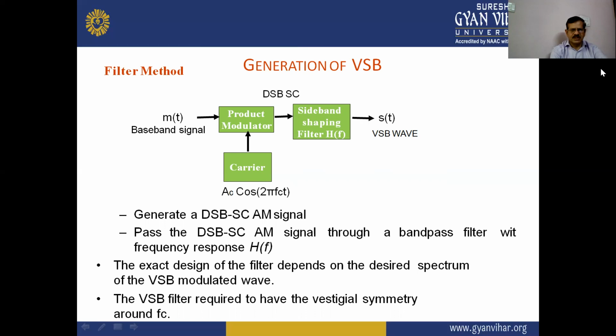For generation, take the DSB-SC AM signal and pass it through a band pass filter with frequency response H(f). The exact design of the filter depends on the desired spectrum of the VSB modulated wave.